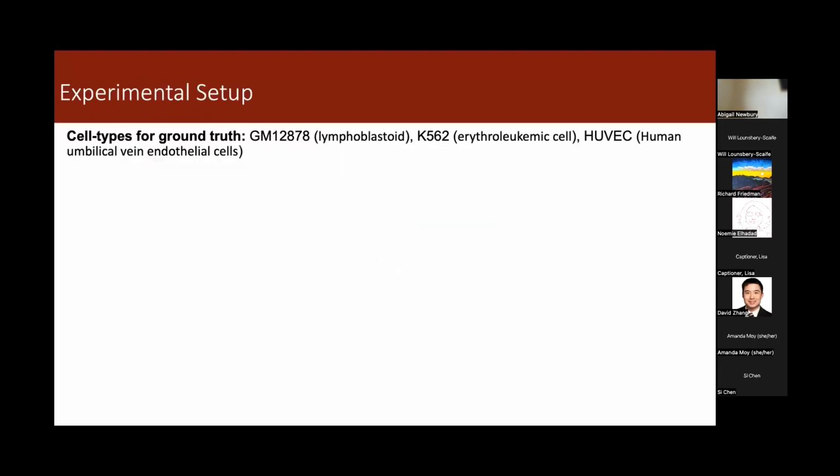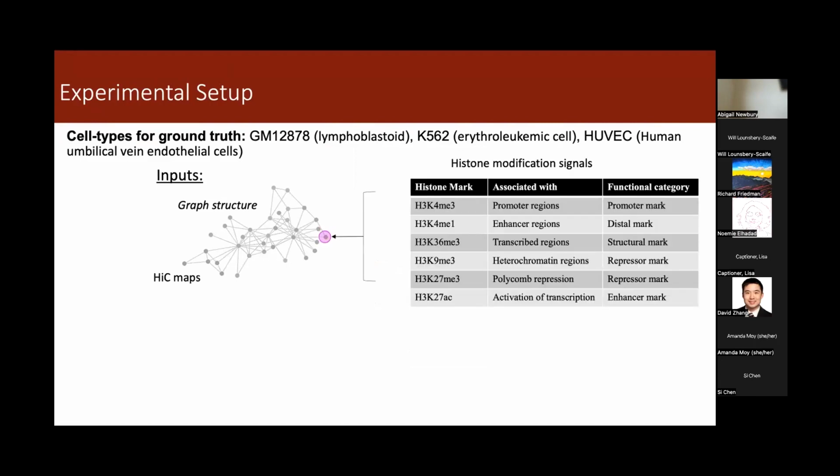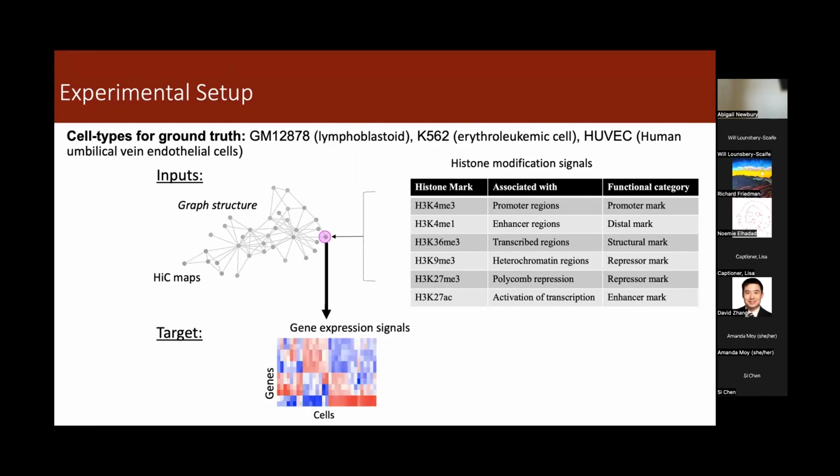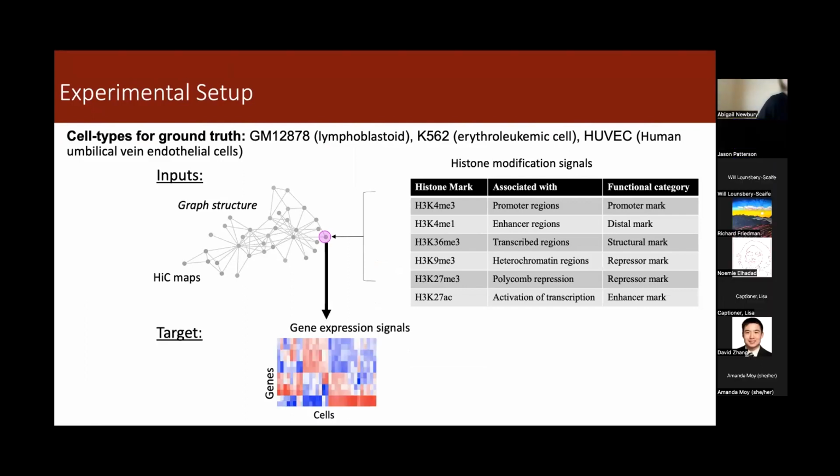And so we use the data sets to train the model, and then we make predictions on the test data set. So for the experimental setup, we use 3 different cell lines, GM12878, K562, and HUVEC. As already mentioned, the inputs are the graph structure that we create using the Hi-C map, and the features of the node are these 6 histone modifications that I have listed. And the output that we are predicting is the gene expression.